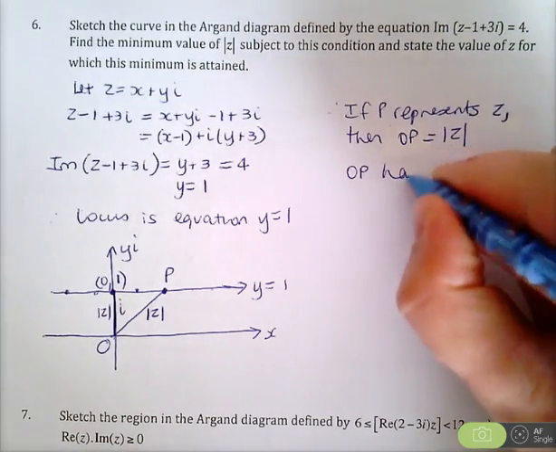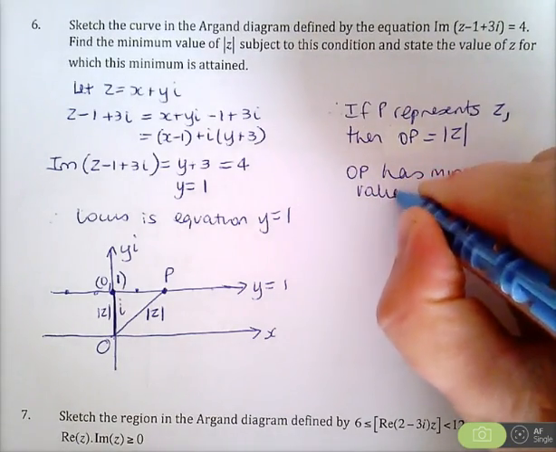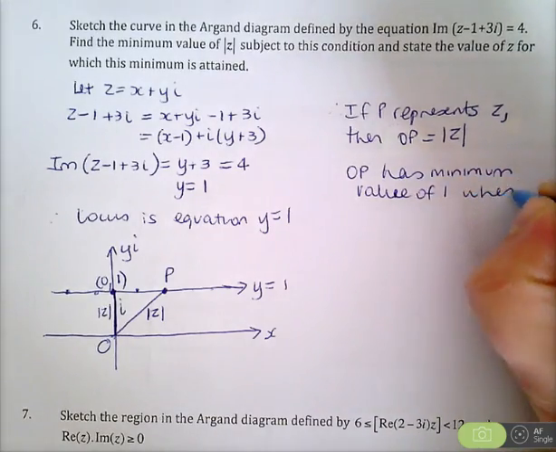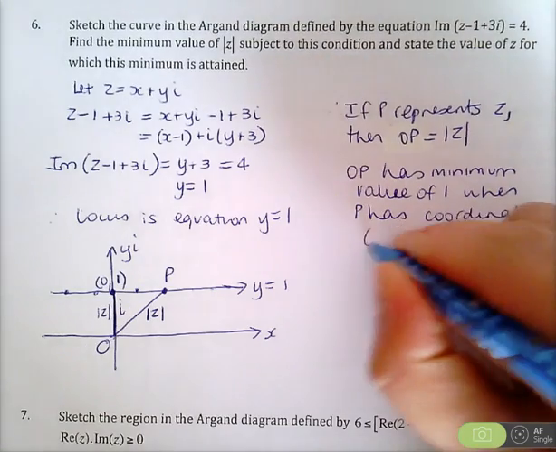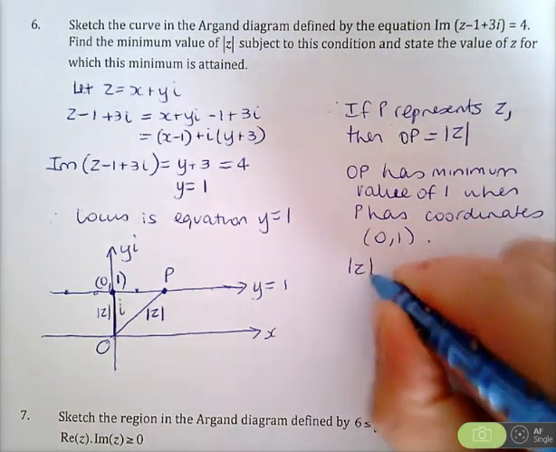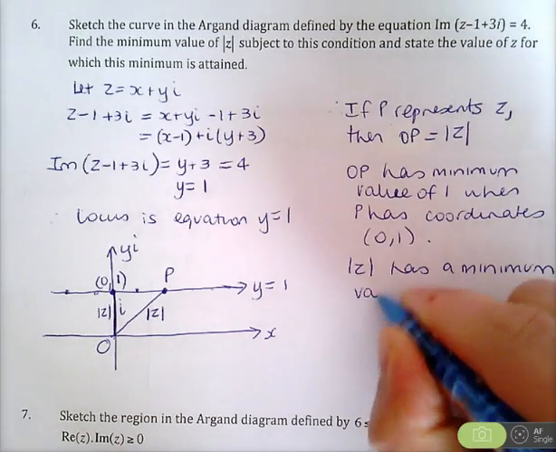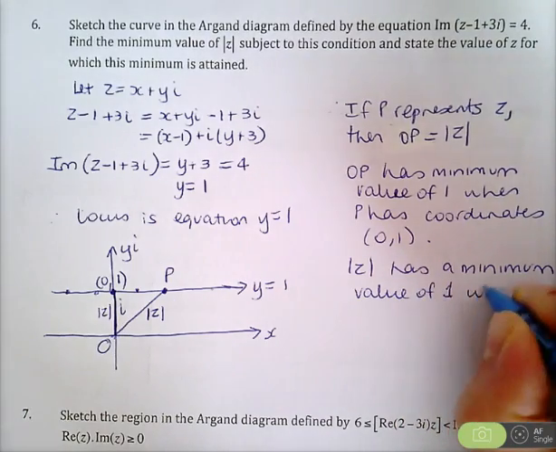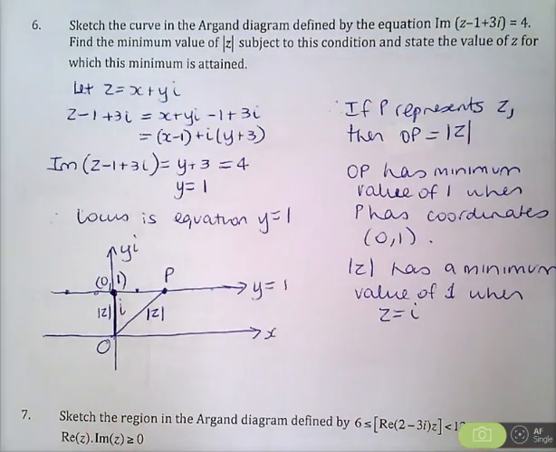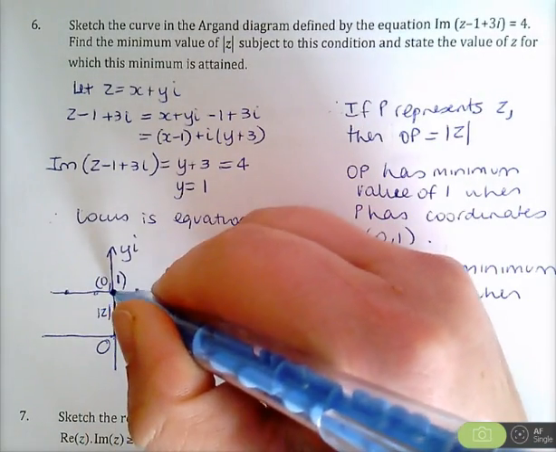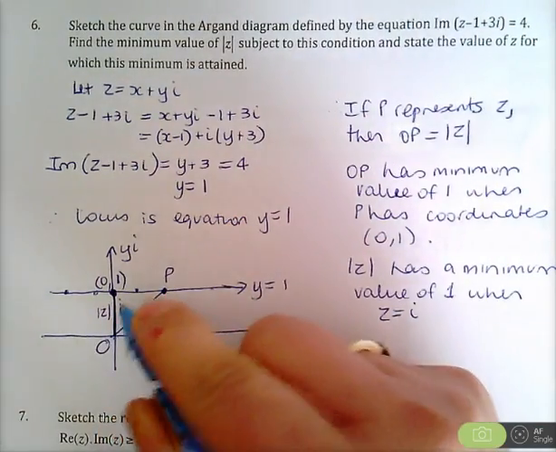Now OP has a minimum value of 1 when P has coordinates (0, 1). Therefore the modulus of z has a minimum value of 1 when z equals i, because this point here on the Argand diagram is the point 0 plus i, and therefore z will be i. Okay?